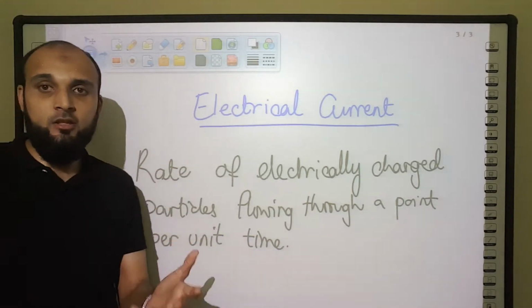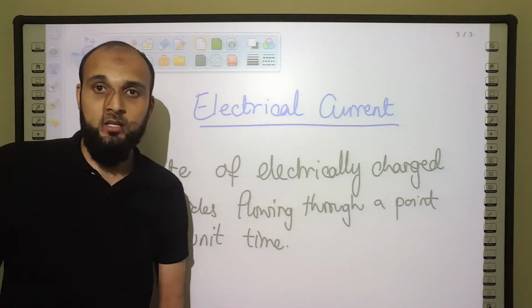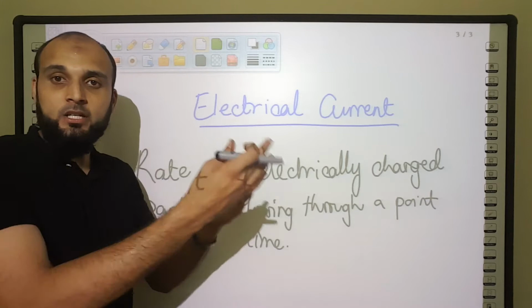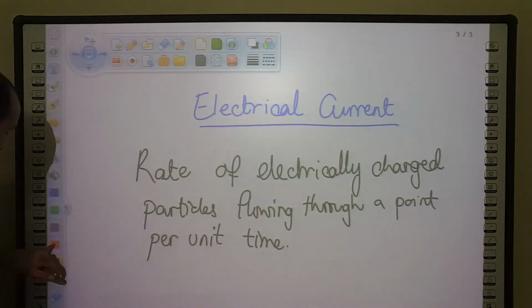So how fast are those particles flowing, those electrons, to be a bit more specific, flowing through a conductor per unit time? Well, that's what electric current is all about.